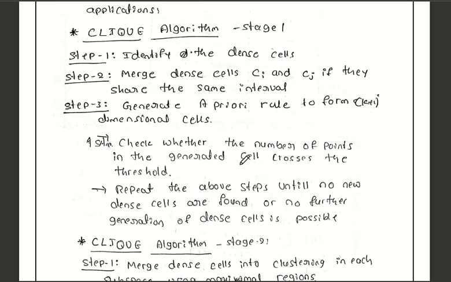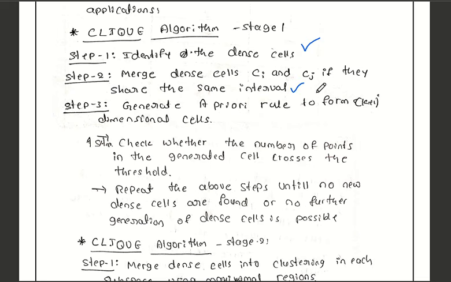And again here the CLIQUE algorithm is there. Here two stages are there. In the first stage there are three steps. The first step is to identify the dense cells. Then merge dense cells Ci and Cj if they share the same interval.